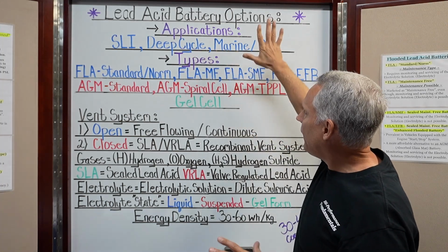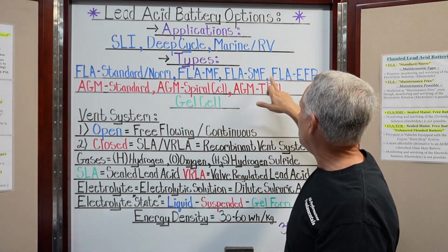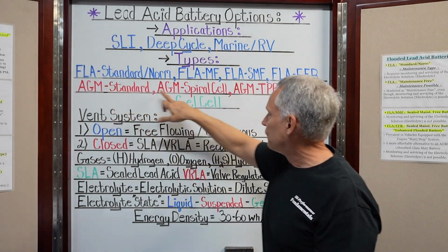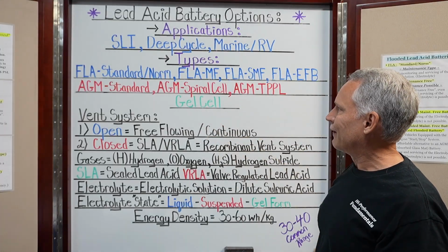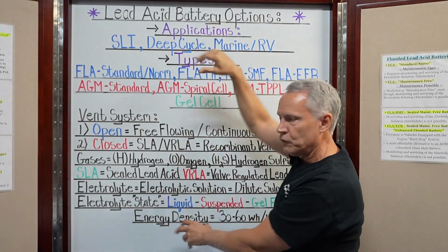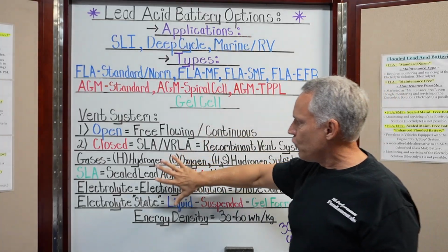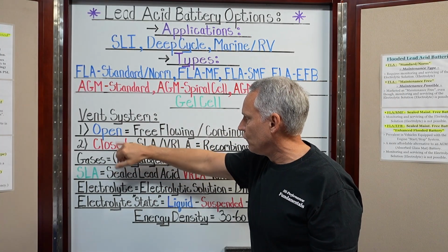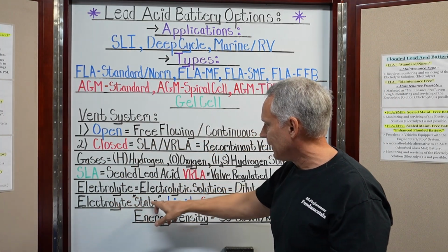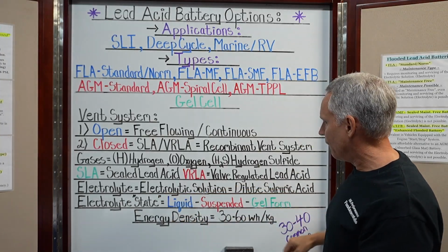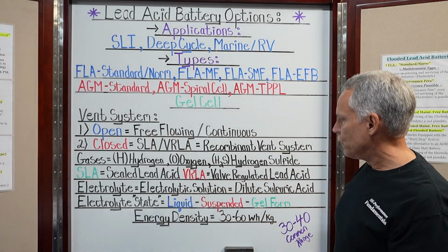SLI, deep cycle, marine. Then you've got your liquid electrolyte, your suspended electrolyte, and your gel type electrolyte. So these are general overviews of what you're looking at. As you break it down, there are two basic headings: open and closed vent system, and then the electrolyte state, and the category it falls under: liquid, suspended, or gel form.